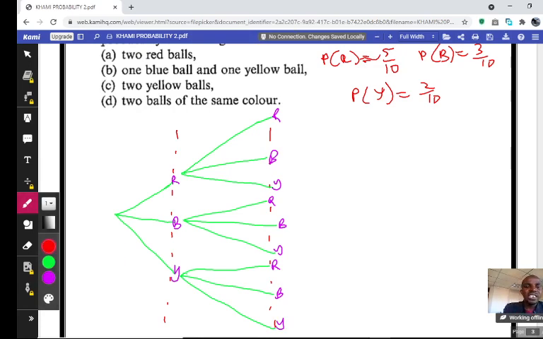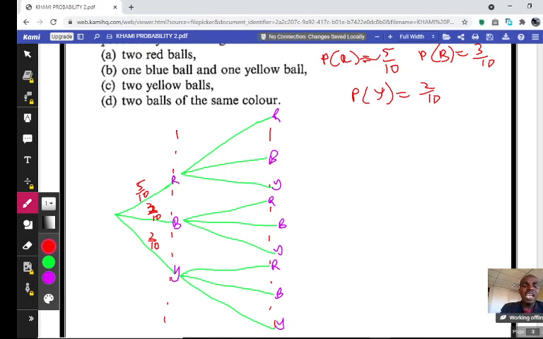For red, first part is 5 over 10. Then yellow is 2 over 10. Then for that one is for blue. Sorry, for blue is 3 over 10. Then for yellow is 2 over 10.